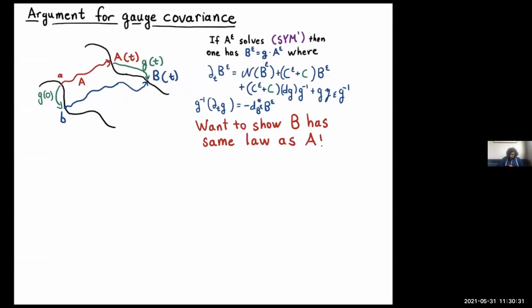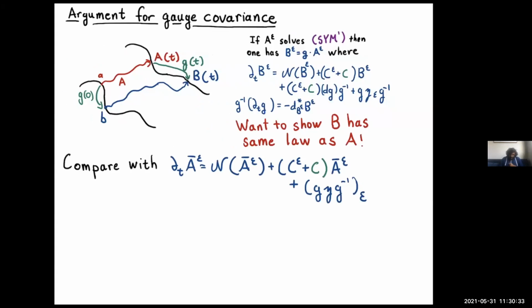And how we do that is we compare this dynamic with something that is more explicitly seen to have the same law as the original dynamic. What's the difference between these two equations? Here you regularize the noise and then you rotate, and here you rotate the noise and then you regularize.